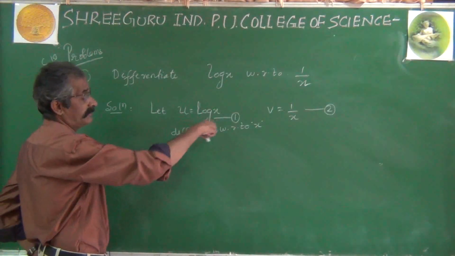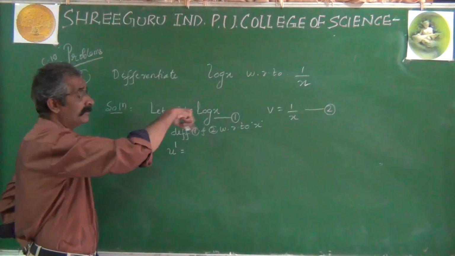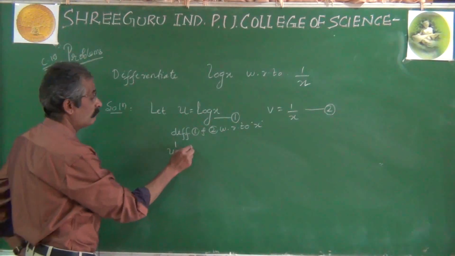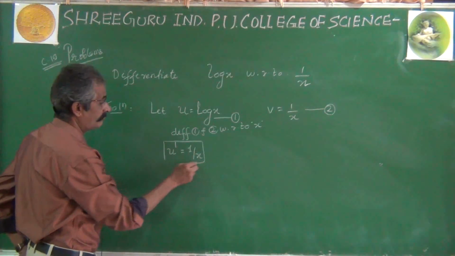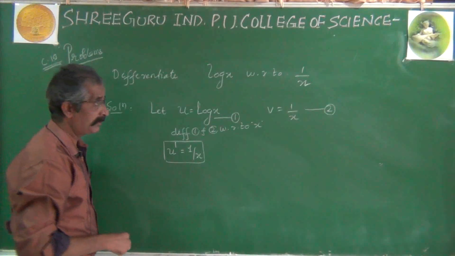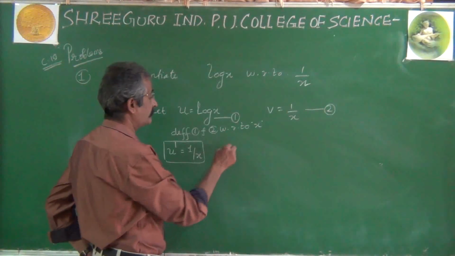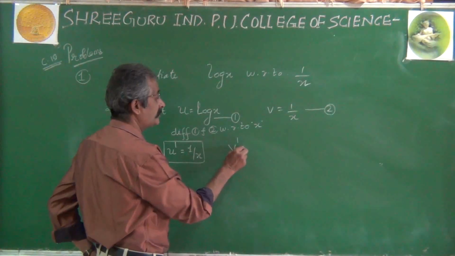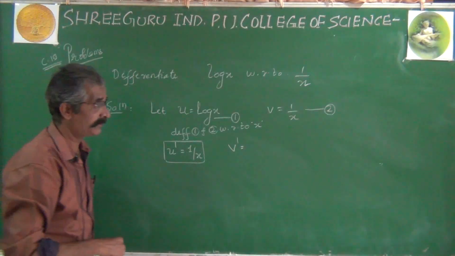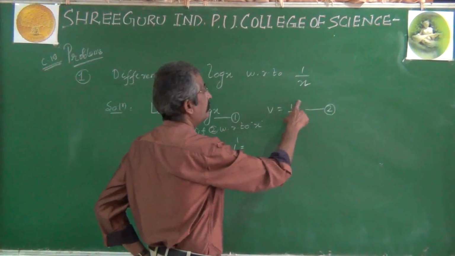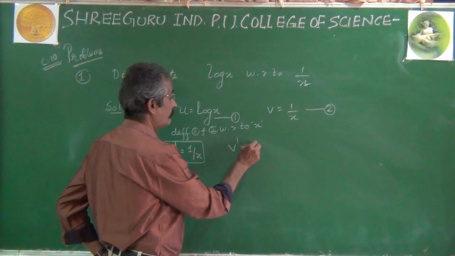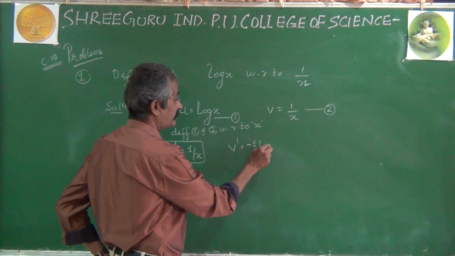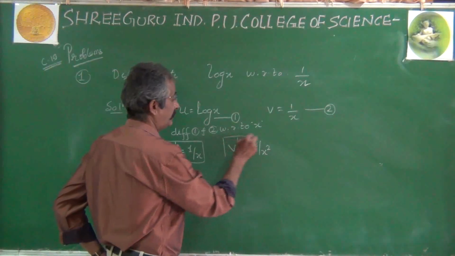In the right hand side, it's a known fact that differentiation of log x is 1 divided by x. Similarly, let's come to v function. v dash means differentiation of v function. Right hand side, differentiation of 1 by x is, as noted from earlier classes, minus 1 divided by x square.